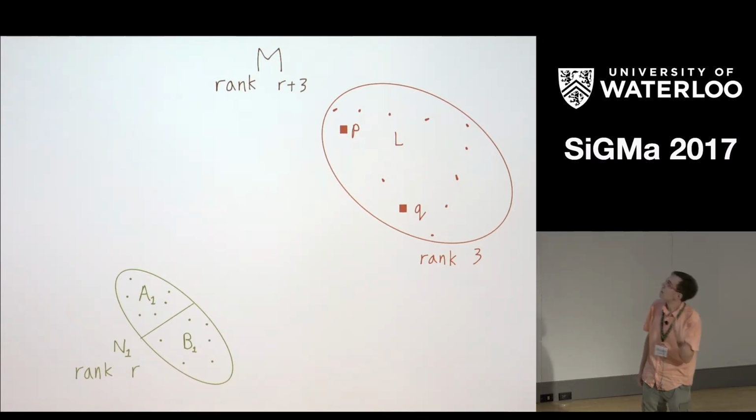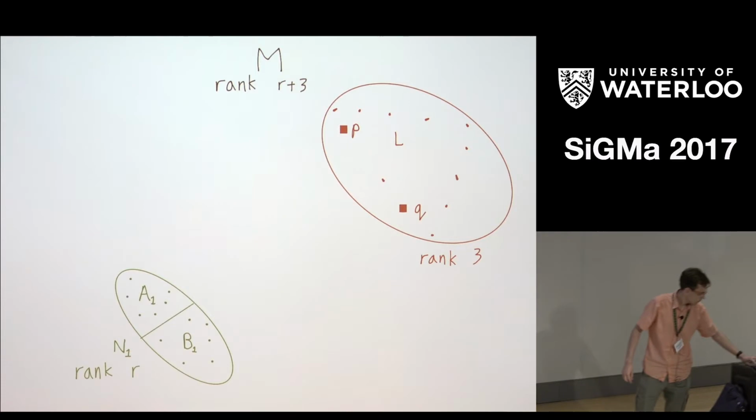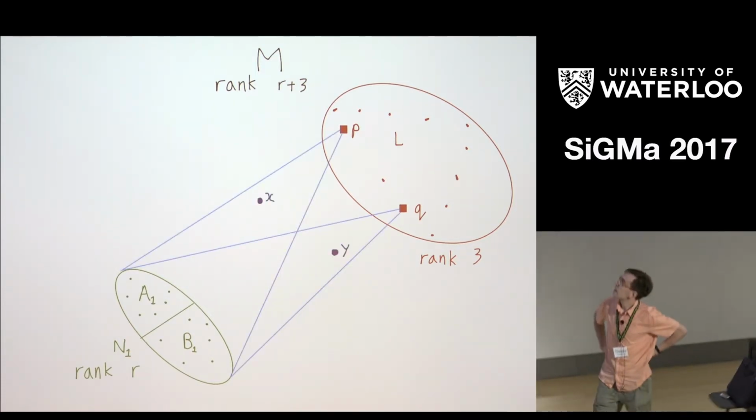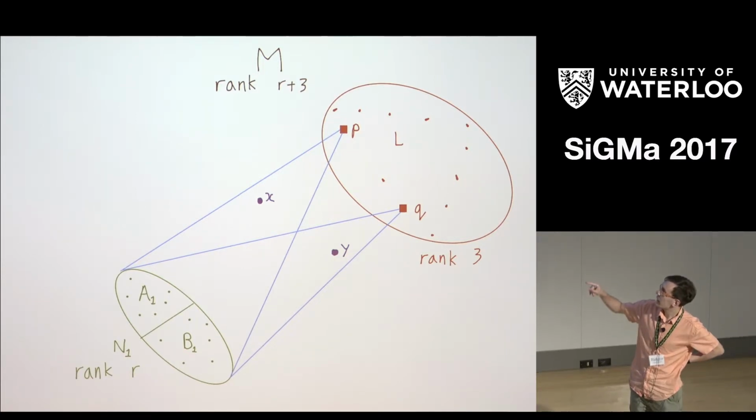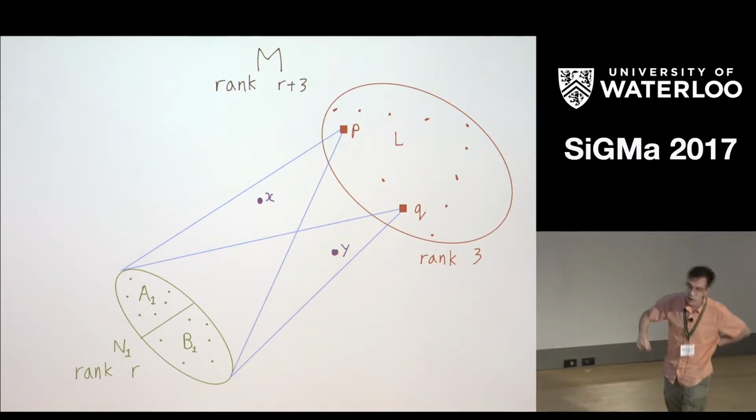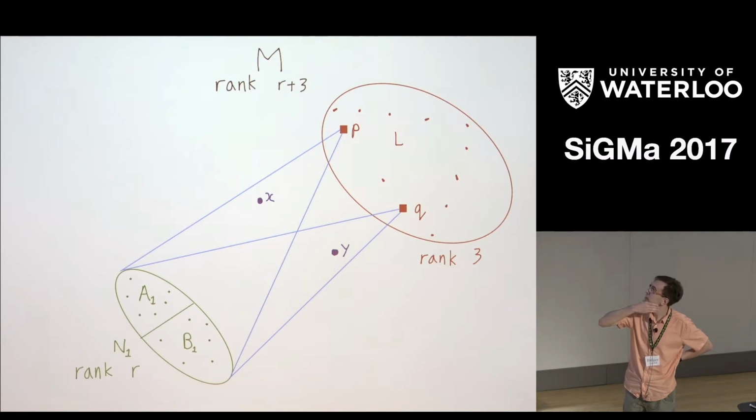We'll start by taking the direct sum. We will then add a point X freely in the span of A1 and P, and a point Y freely in the span of B1 and Q.